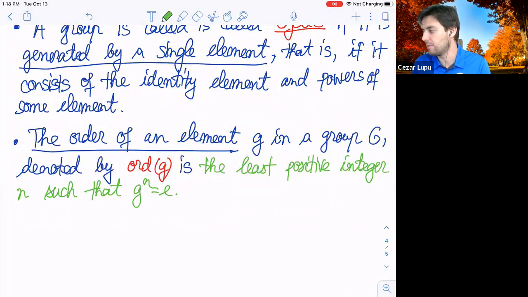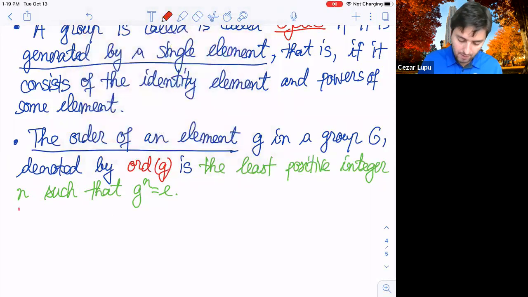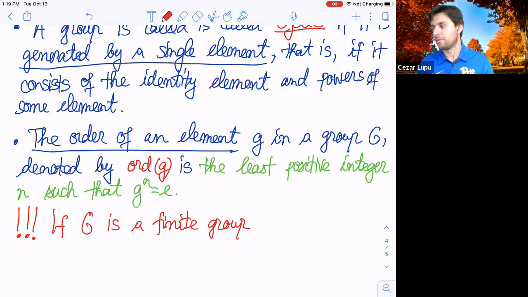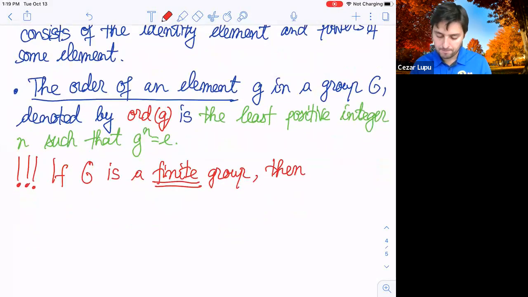And we'll give some examples. And here I would like to point out a remark, very, very important, and we will use this. This is, like I said, very important. If G is a finite group, right? And make sure you see this word finite here. Then we have that the order of this element will divide the order of the group, and we'll denote this by this.